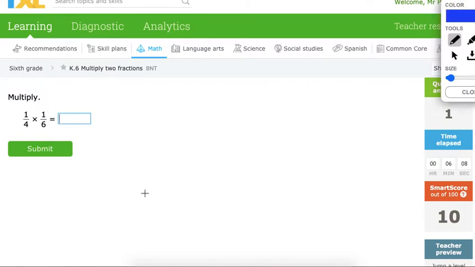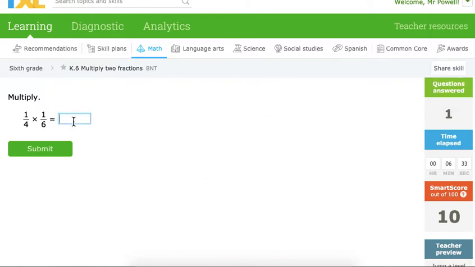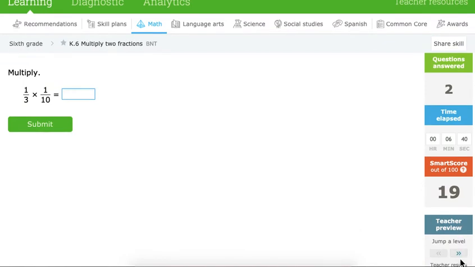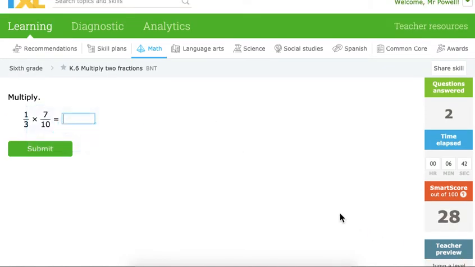So we're going to have 1 times 1 for our numerator, which will be 1, and 4 times 6, and we'll have 24 for our denominator. Okay, so again, numerator times numerator, denominator times denominator. So we end up with 1/24.